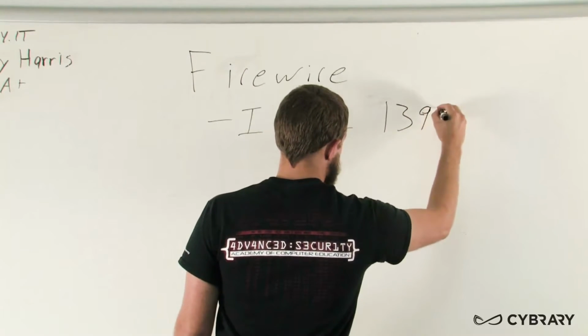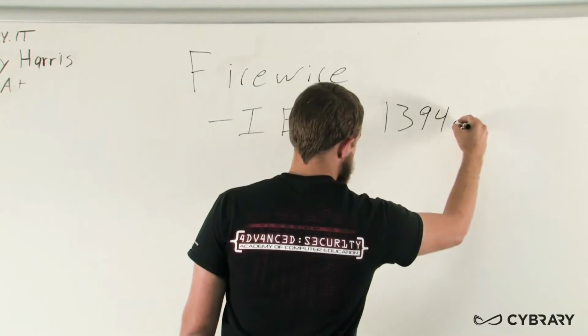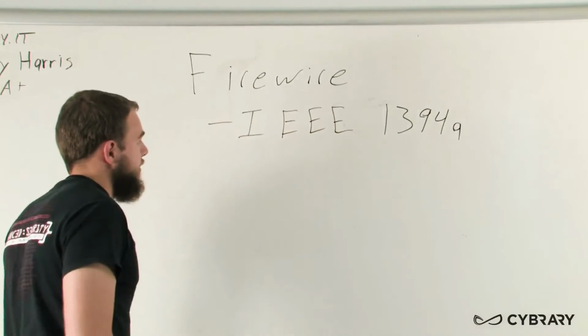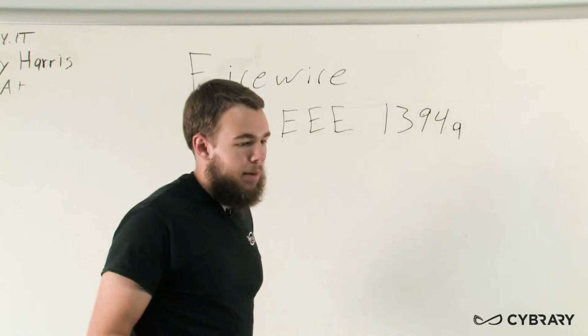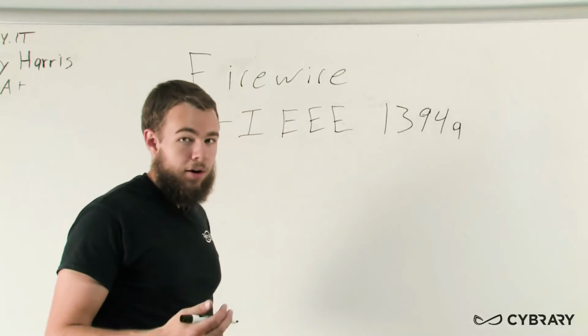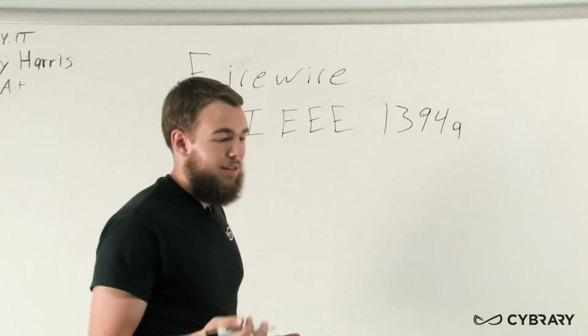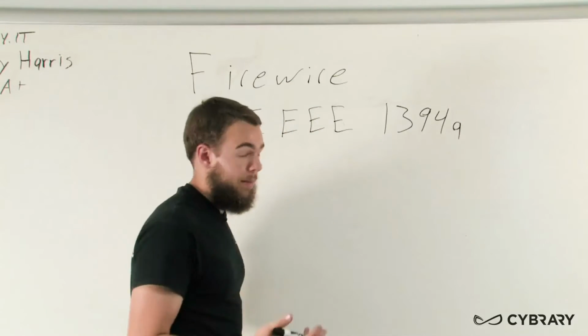The initial Firewire cable was IEEE 1394A, and this is more commonly referred to as Firewire 400, because it transmits at 400 megabytes per second.